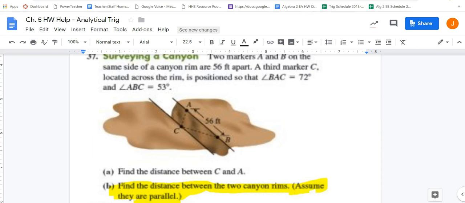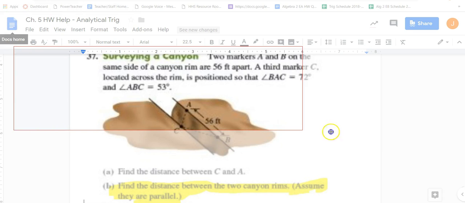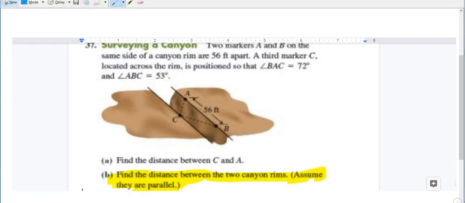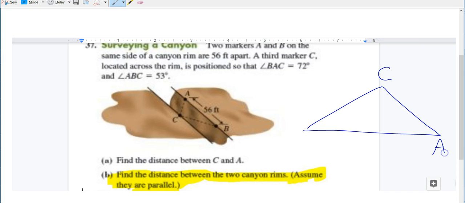Find the distance between the canyon rims. Well, first you get a tape measure. Probably not going to happen. So they called that one C, this one A, this one B. This was 56 feet. And you just wanted me to find out the distance between the two canyon rims. That sounds like the height.